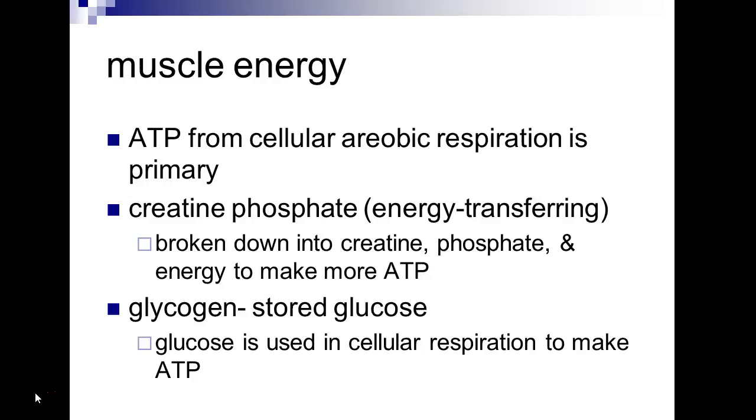And then thirdly, muscle cells store glucose in the form of glycogen. So here again, this glycogen can be converted back to glucose for cellular aerobic respiration. But it is a third option that has an extra source of glucose.